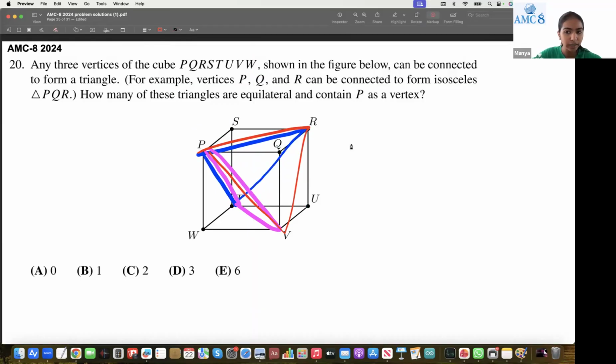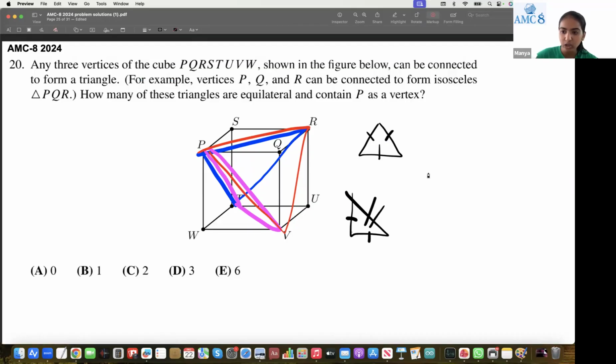And don't get confused between an isosceles triangle and an equilateral triangle. Here, let me give you an example. A triangle like this would be an equilateral triangle with all of the side lengths the same. This triangle over here would be an isosceles triangle with two of these side lengths the same, and this one different.